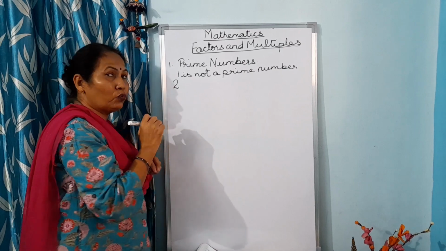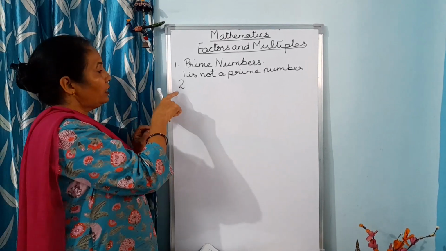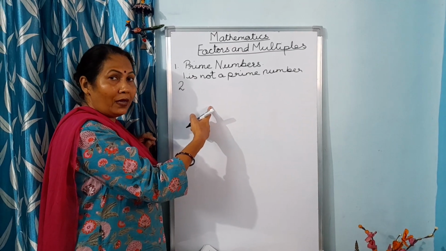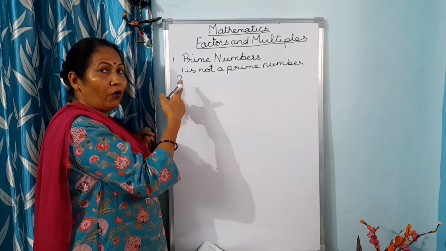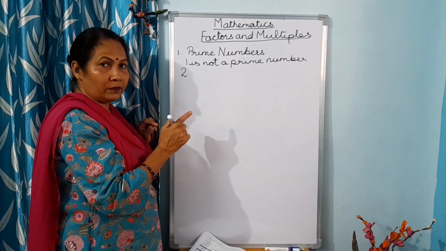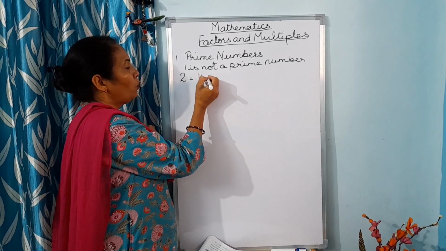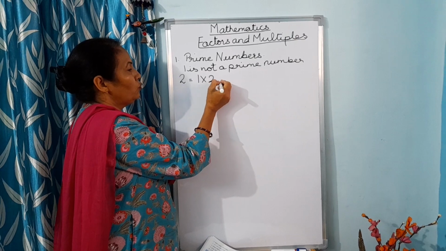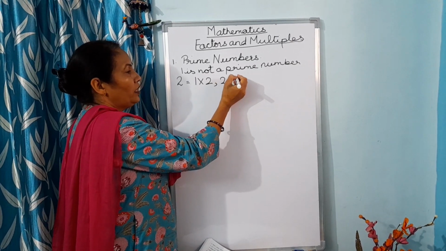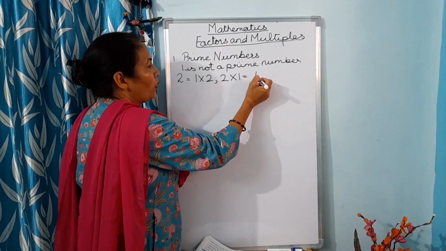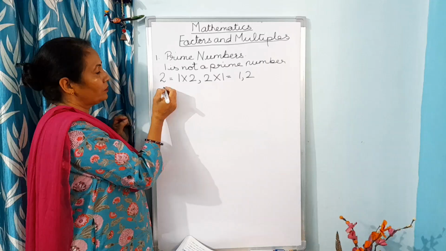Now children, 2 is the only even number which is a prime number. Why? Because 2 also has no factor. It is divisible only by 1 into 2 and 2 into 1. So the factors are 1 and 2.